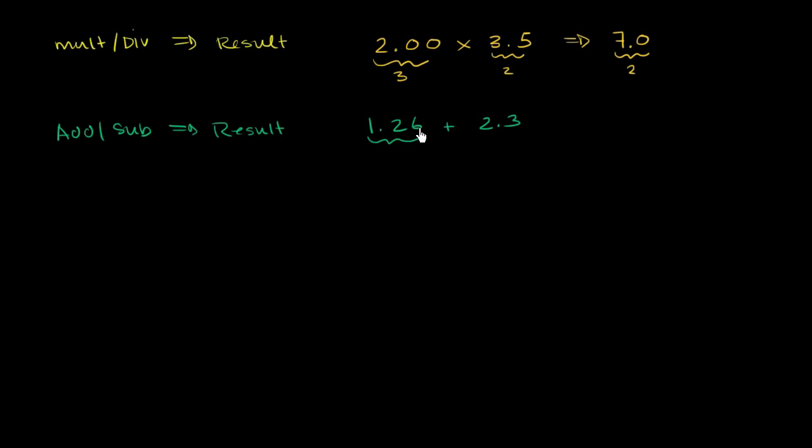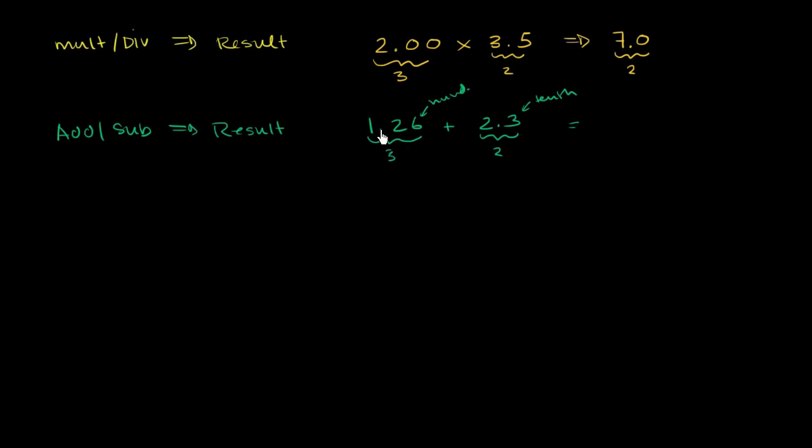We were able to measure to the nearest hundredth. Here, this is two significant digits. We're able to measure to the nearest tenth. Let me label this. This is the hundredth. This is the tenth.